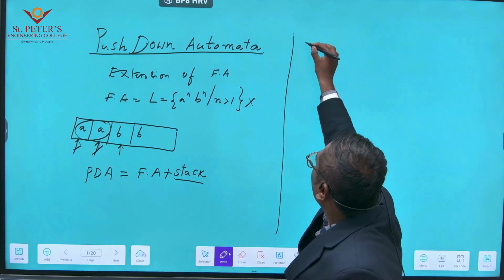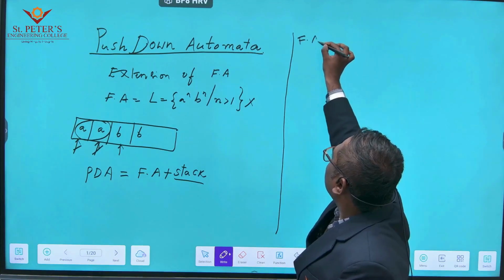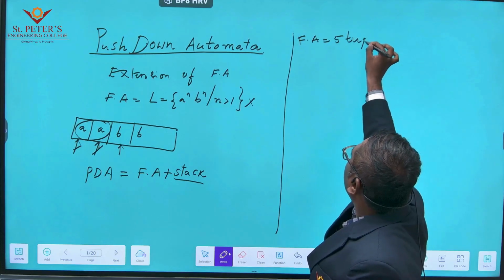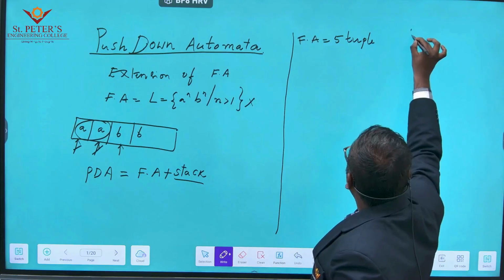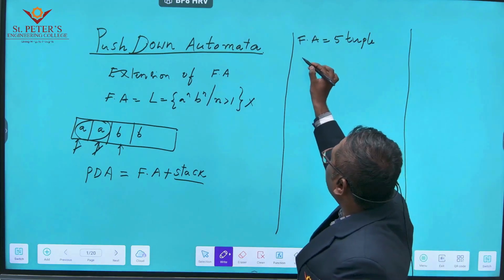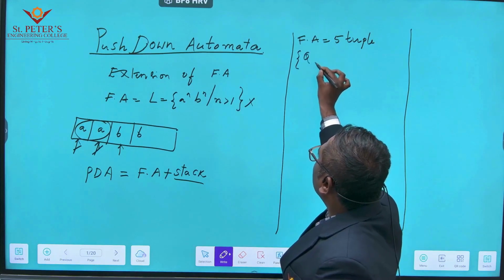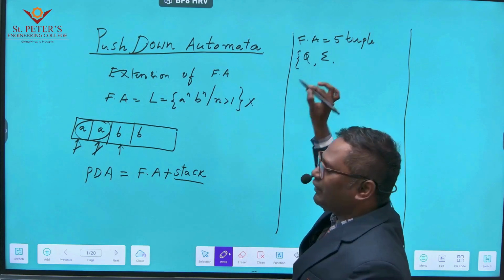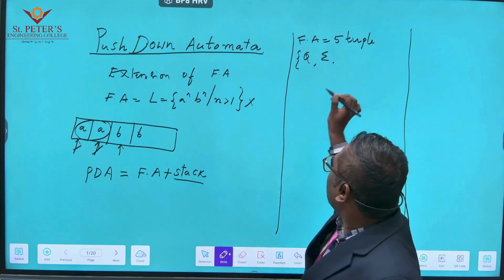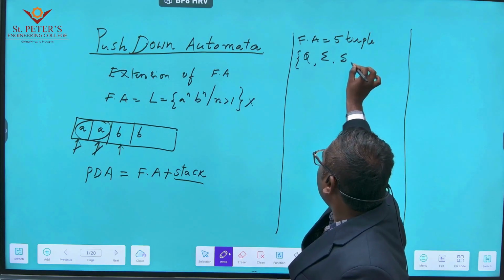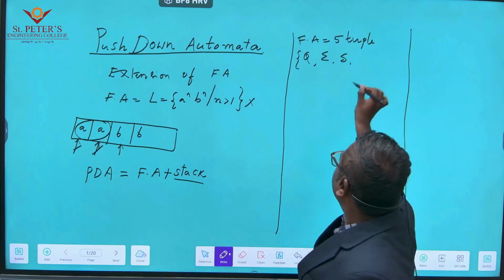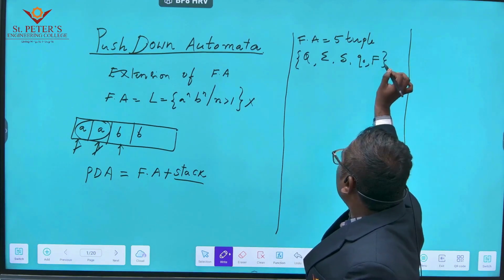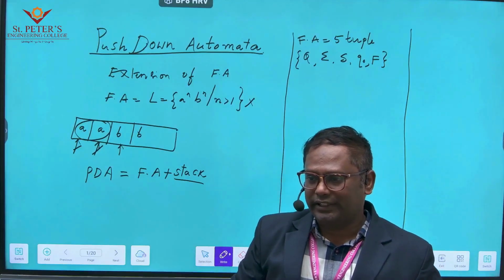A finite automata is a 5-tuple machine. Those 5 tuples are capital Q, which indicates the set of states; sigma, the input alphabet; the transition function, denoted by delta; Q naught; and capital F. Any finite automata you consider should have these 5 tuples.